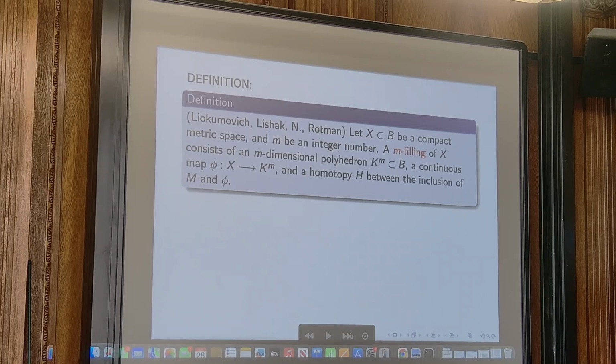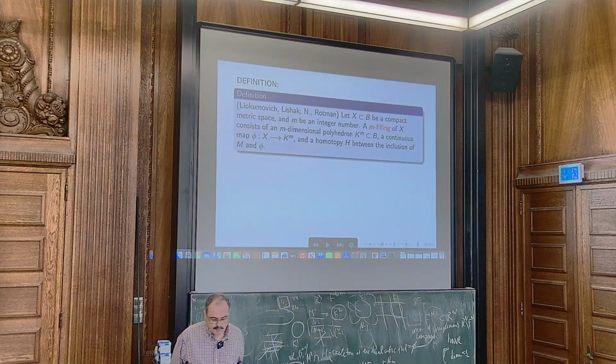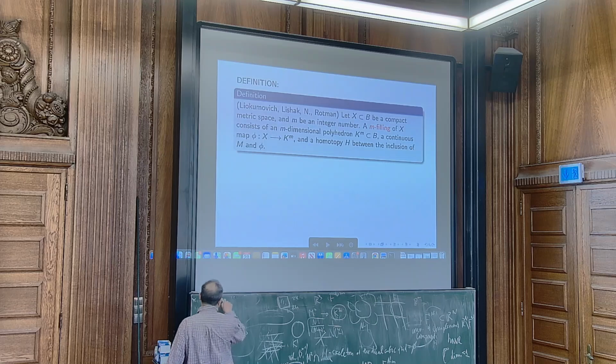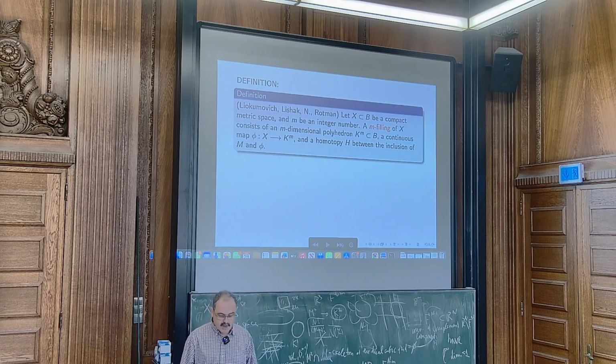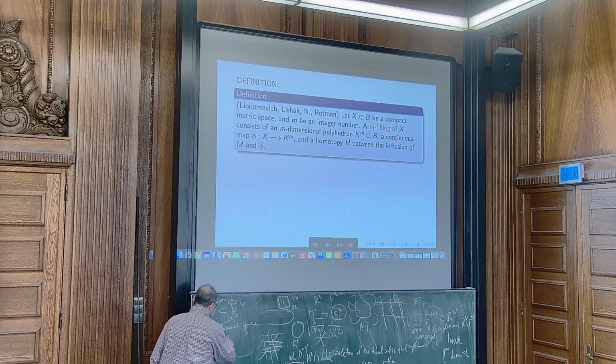Assume that we have a compact subset X in B, where B is, for now, a Banach space. And M is any positive integer.